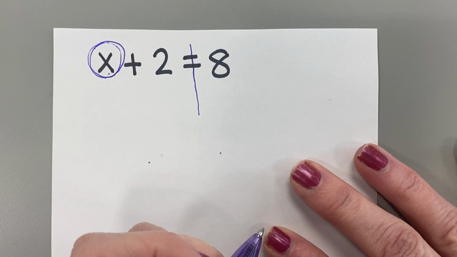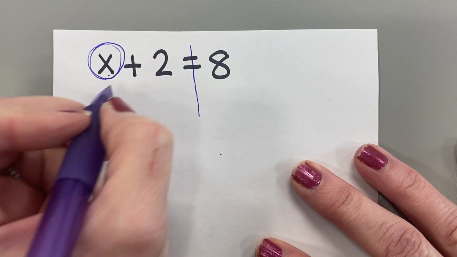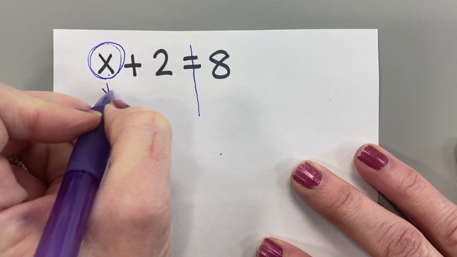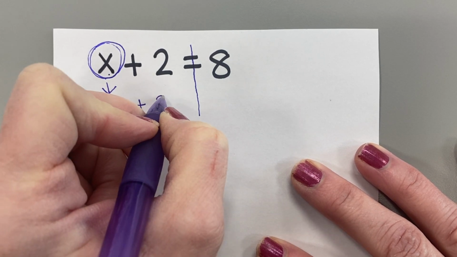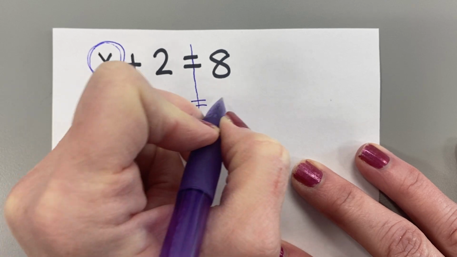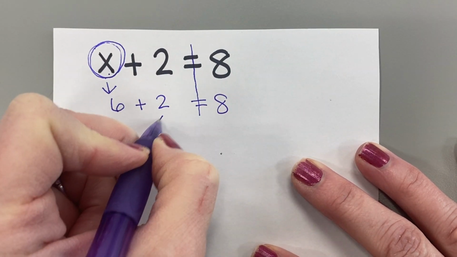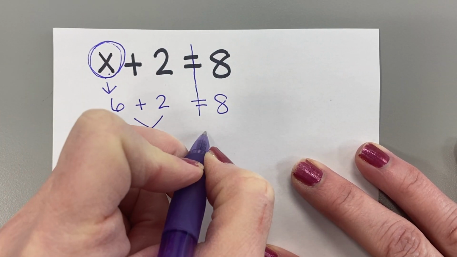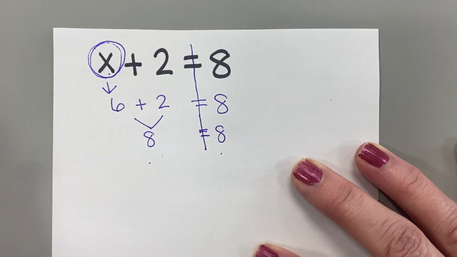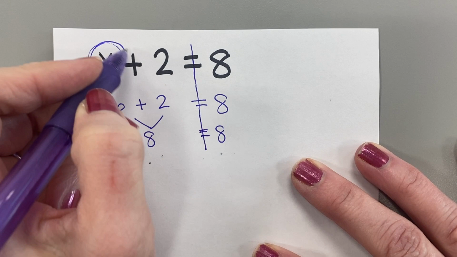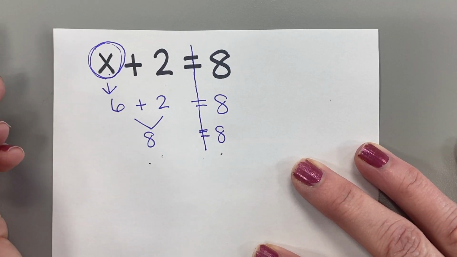And I hope when you restart, you're thinking 6. If we put a 6 where that x is, 6 plus 2 equals 8. 6 plus 2 is 8, and 8 equals 8. Ta-da! You did it. That means the x is 6.